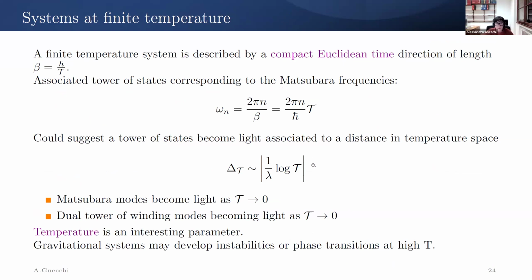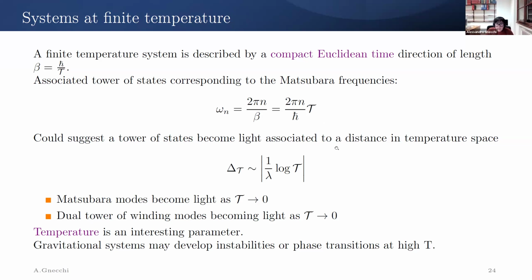And let me mention that these distances in terms of temperature or entropy are actually interesting, because if you look at generic systems at finite temperature, then we know that there are Matsubara frequencies that are related to the temperature.